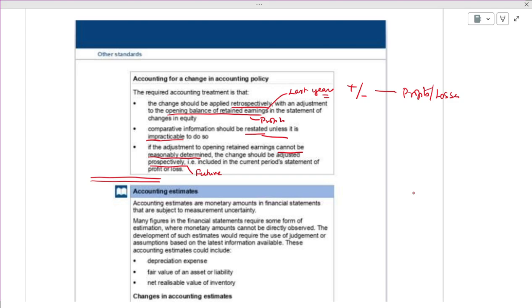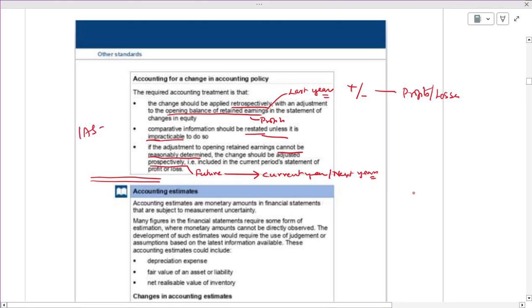If we cannot do it for last year, at least when we are making changes, we have to make changes either from the current year or from the next year. This much is only there for IAS 8. Understand my point? This much is for IAS 8.